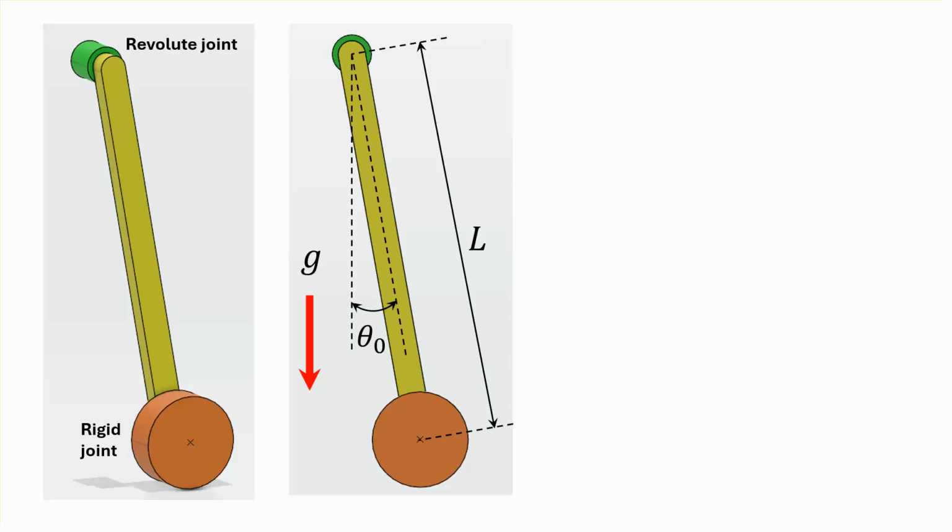And the period of that oscillation, in the elementary vibration course, you were taught, is given in terms of the length of the pendulum and the gravity constant.